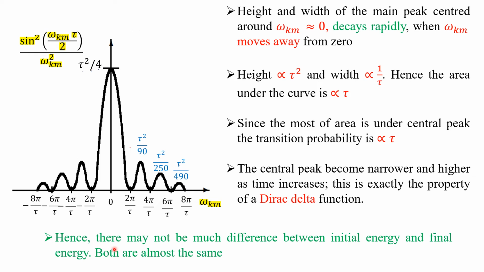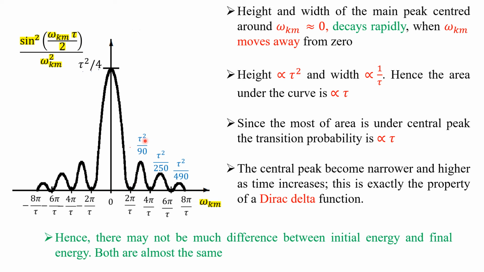Hence, there may not be much difference between initial energy and final energy. Both are almost the same, because energy change takes place only when omega km is very close to 0. So initial energy and final energy stay within the peak, which is centered around 0.